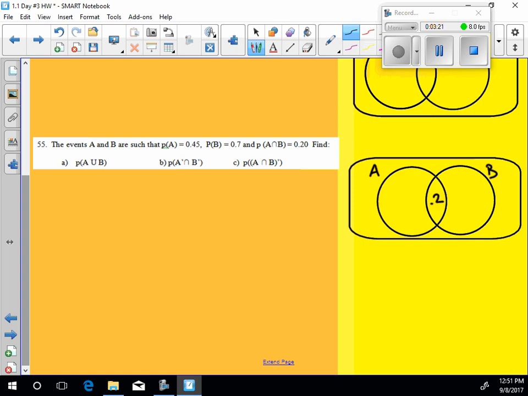I'm just going to put my decimals where they belong. The probability of A is 0.45. Well, 0.2 of that 0.45 is right here, so I should have 0.25 there. Probability of B is 0.7, so that gives me what here? 0.5.